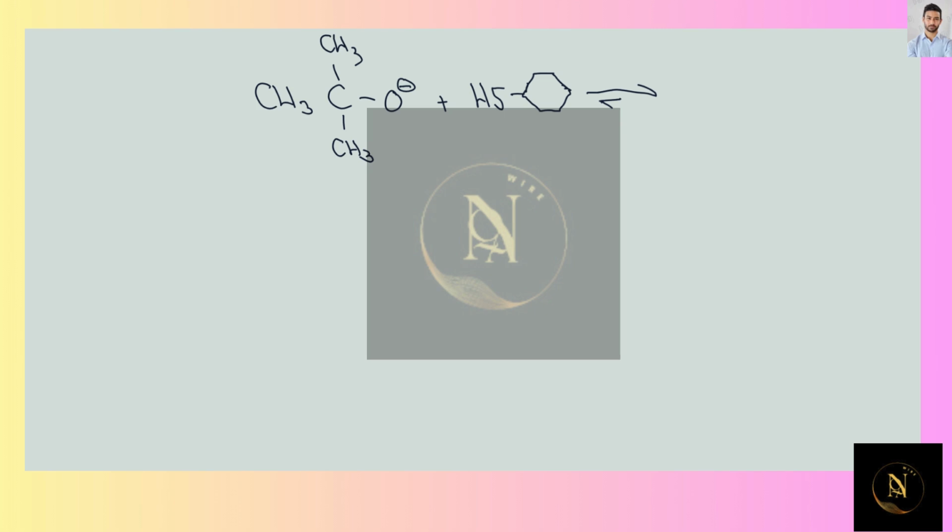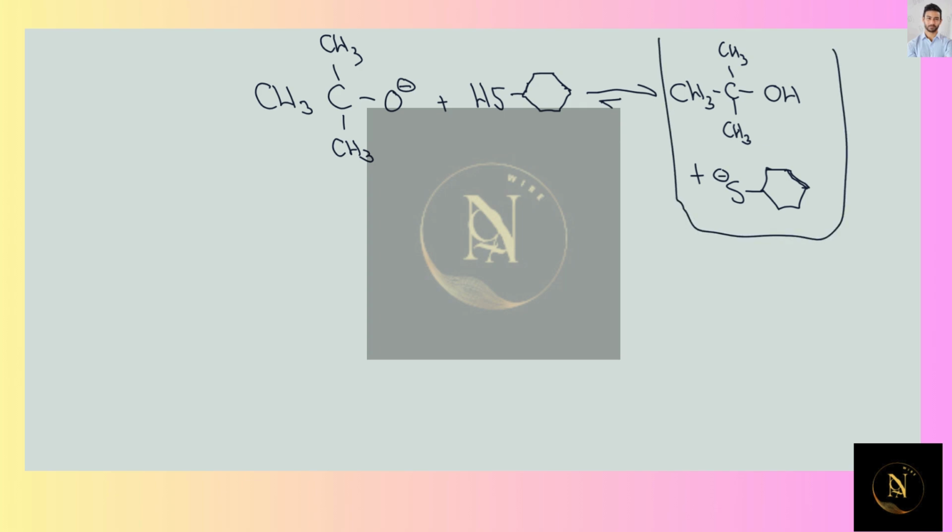The equilibrium is going to be shifted towards the right, and the result is going to be the alcohol plus the compound with S minus and our cyclohexane ring. So this is going to be the first one.